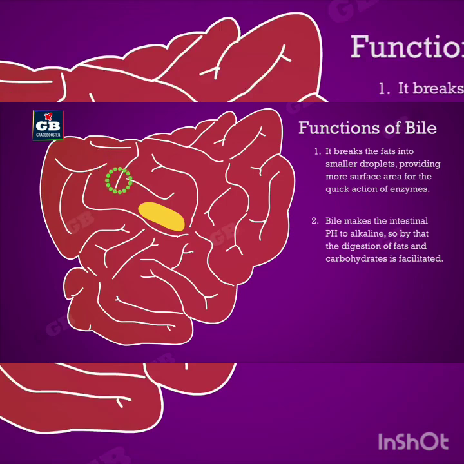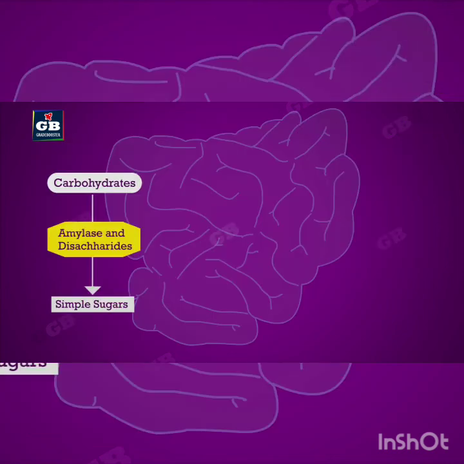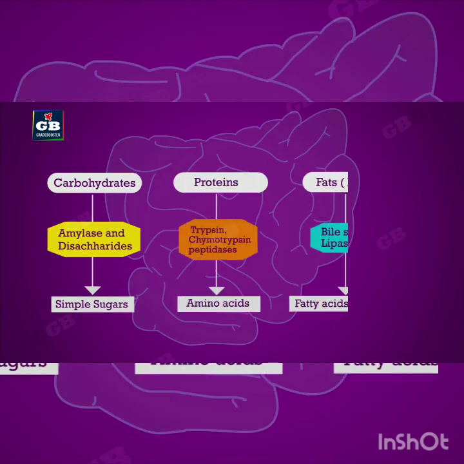It breaks the fats into smaller droplets, providing more surface area for the quick action of enzymes. 2. Bile makes the intestinal pH alkaline, so the digestion of fats and carbohydrates is facilitated. These enzymes finally convert carbohydrates to sugars, proteins to amino acids, and fats to fatty acids and glycerol.